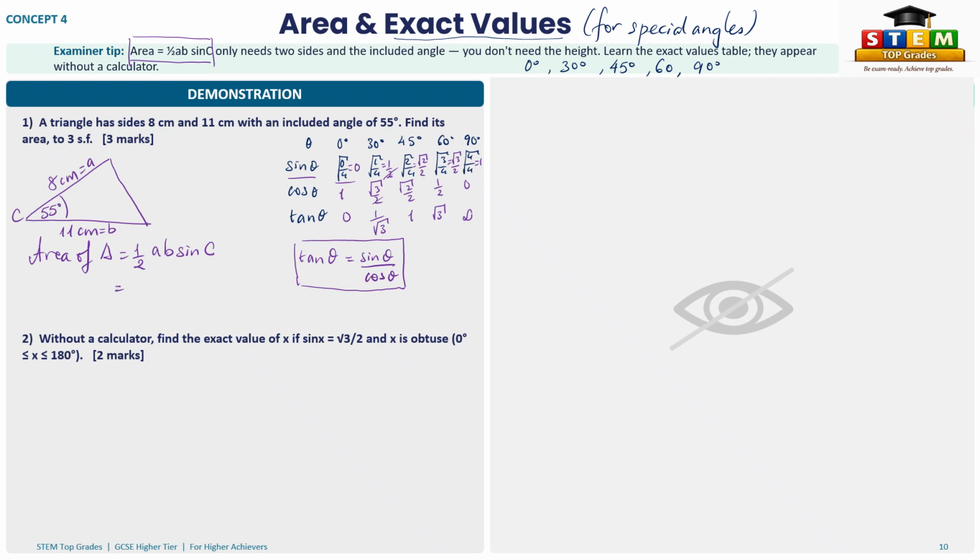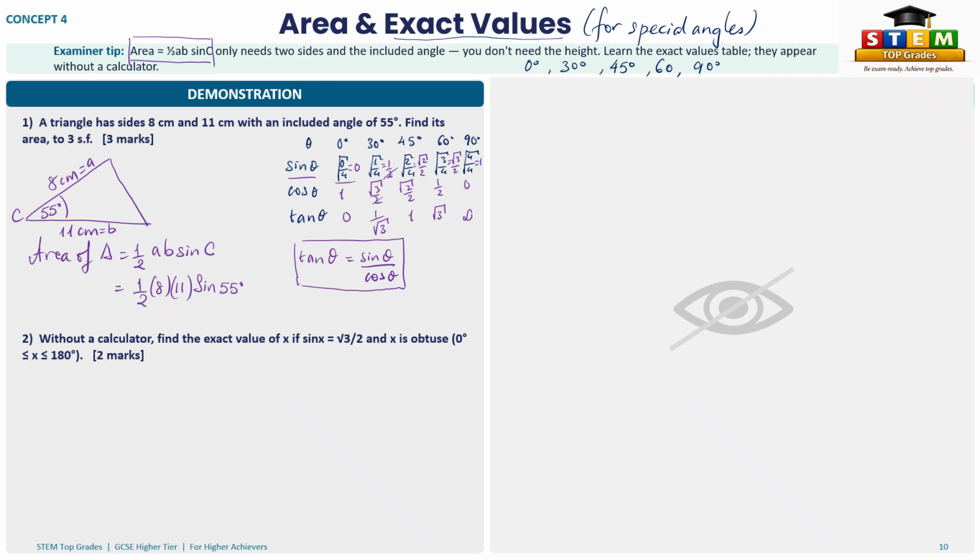So that's going to give us half times A, which has to be substituted this time, which is 8, then 11, and then sine of 55 degrees.